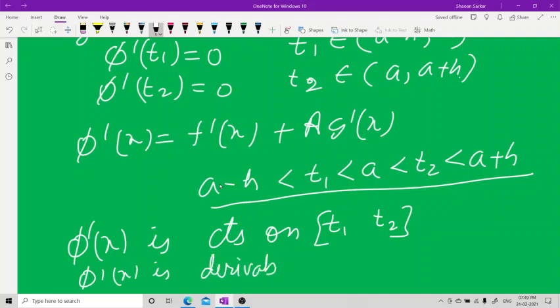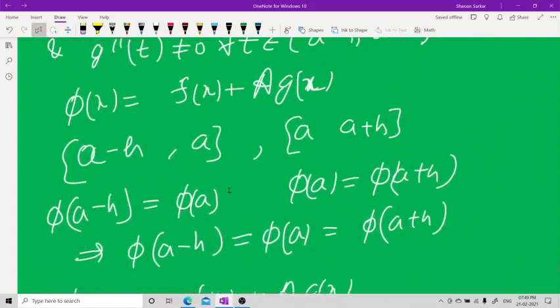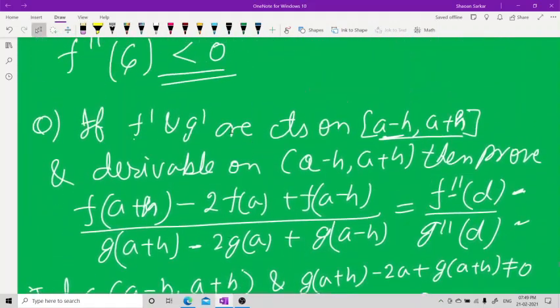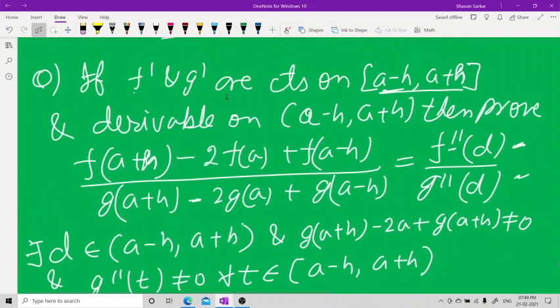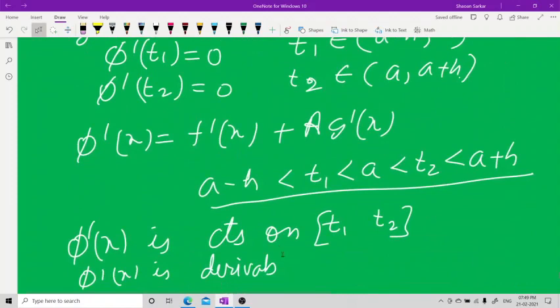See the question, what they are saying. In the question they are saying this function is continuous in this whole interval, is derivable on this whole interval. So it is possible that it is derivable and continuous on t1 t2, because t1 t2 is inside this interval.